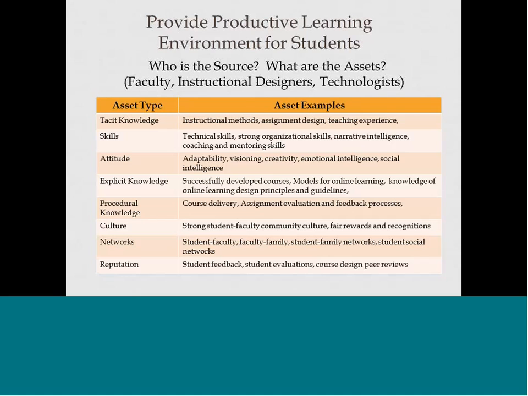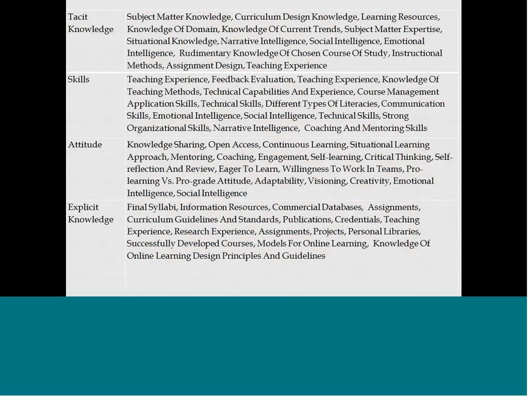We have student to faculty, faculty to family, student to family, and student social networks. Reputation, here we have student feedback, student evaluation of the course environment, and course design peer reviews. So this is a fairly rich set of intellectual capital assets that we need to support these capabilities.